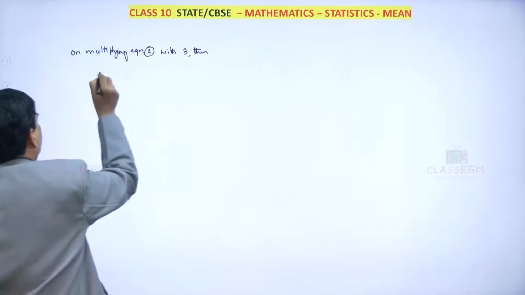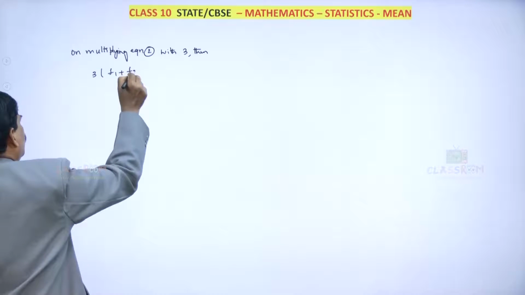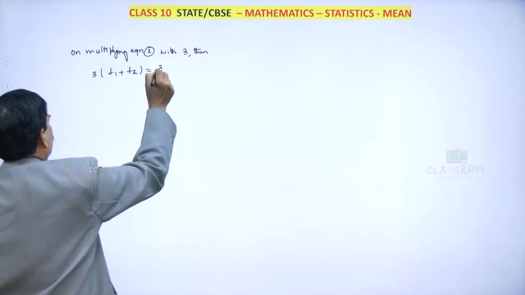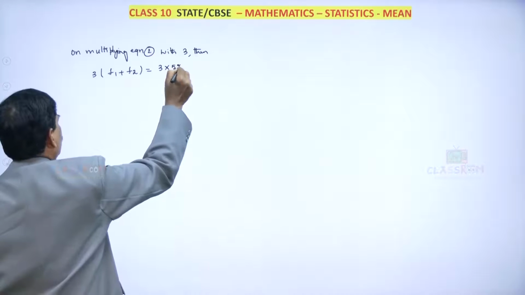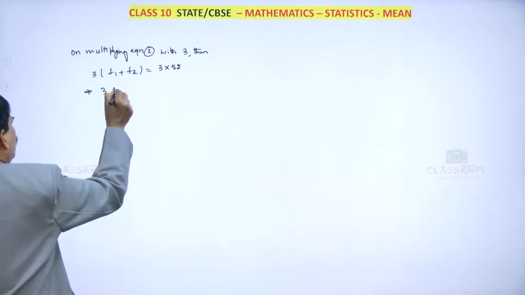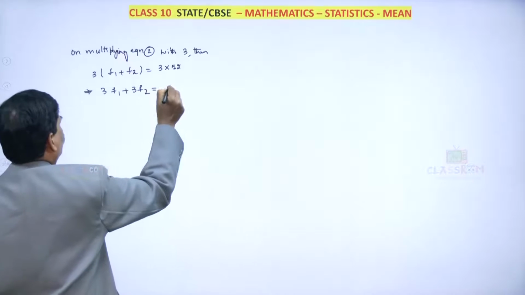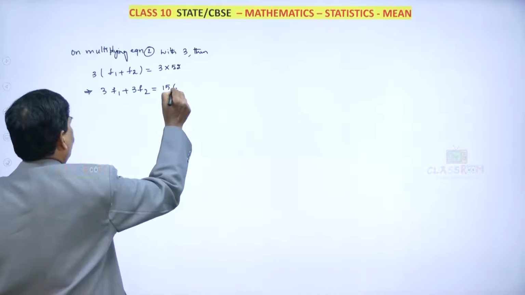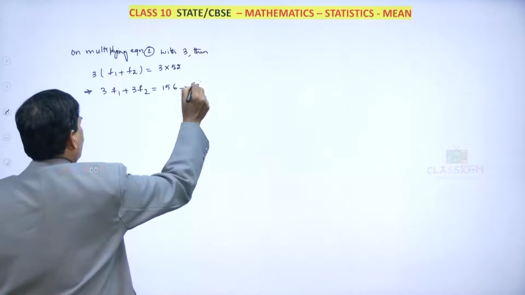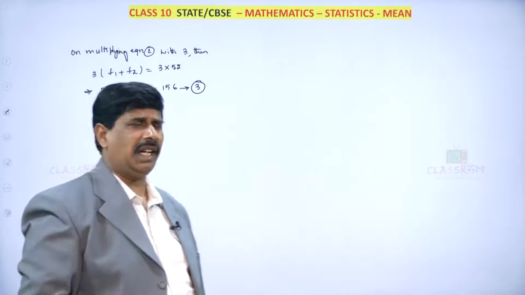And then what it will be now? It is 3 of f1 plus f2 is your equation. Just 3 into 52. Just multiply now. So now this will be 3f1 plus 3f2, that is equal to 3 2s are 6, 3 5s are 15, 156. Give this as equation 3. Now solve both the equations, equation 1 and equation 3.